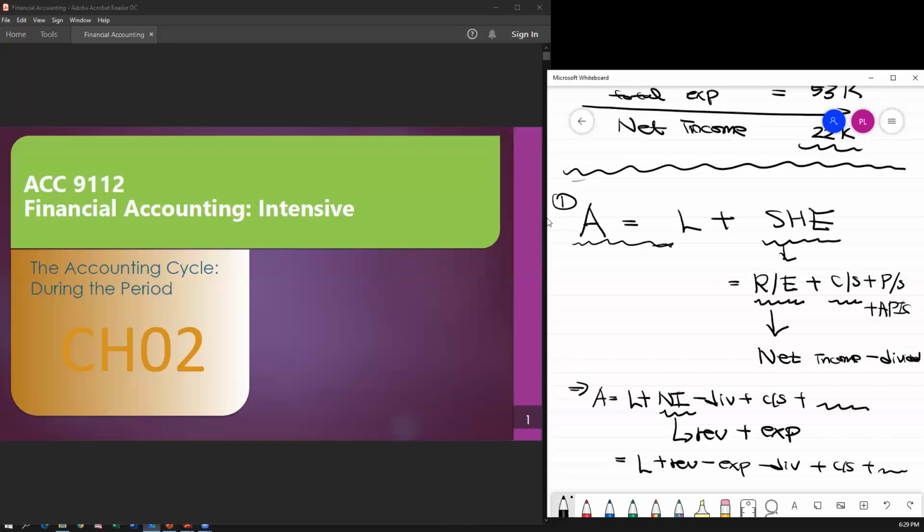Again, we're starting with the whole equation, but we break down shareholders' equity into more items, and we break down retained earnings into more items, and we again break down net income into more items. So we play around with these equations to trick students, basically, when we give out the midterm and quiz students on this.